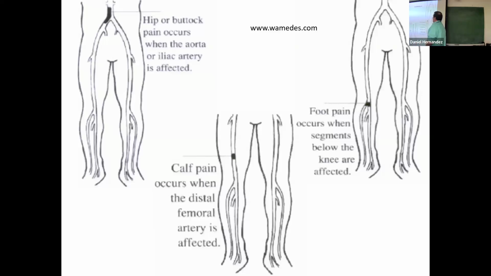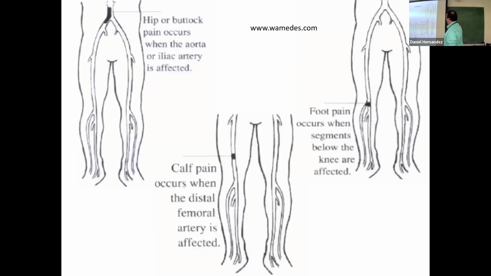This was bringing home the point that the disease is always at or proximal to the affected area. So if a patient comes in complaining of pain or cramping in the hip or buttocks, we think more aortoiliac is being affected. The disease is going to be proximal to the pain. When pain in the foot occurs, it could be the popliteal level.